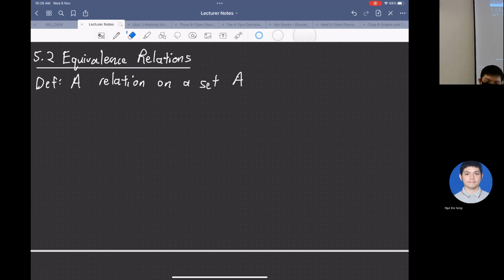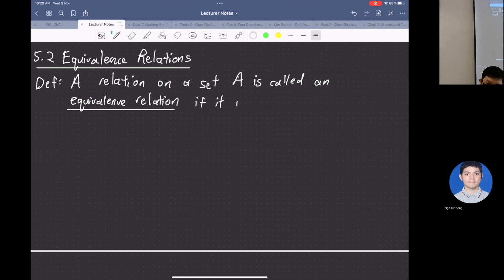Now we talk about a relation on just one set, which means it's a binary relation on A cross A. It's called an equivalence relation if it satisfies three properties: reflexive, symmetric, and transitive.